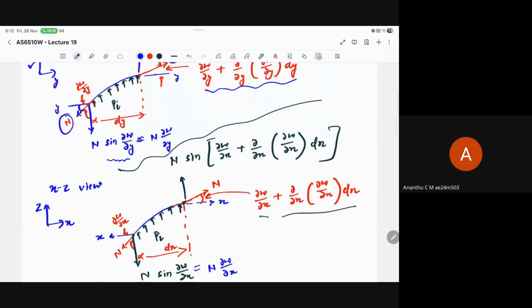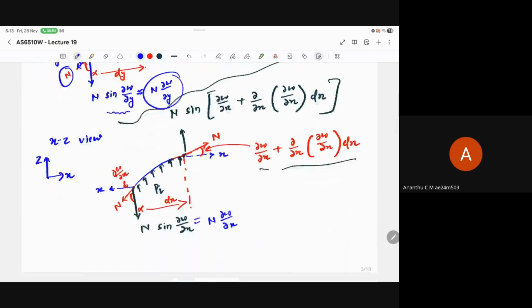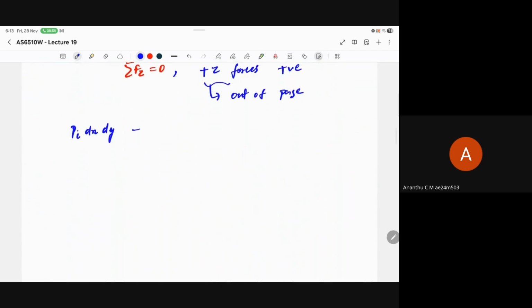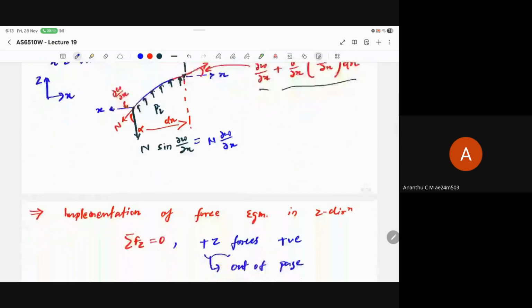Okay, so when we are considering forces for the YZ view, we have one force here and one force this side, right? So we can write them. What we have here is acting downward, which is the negative z direction. So this is a negative force.